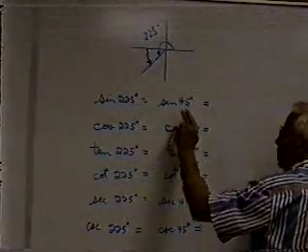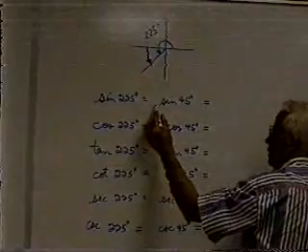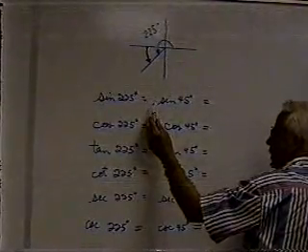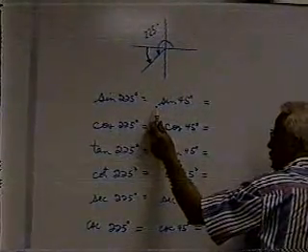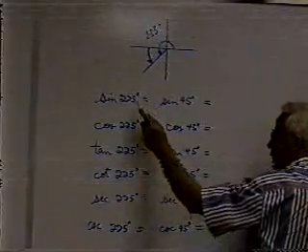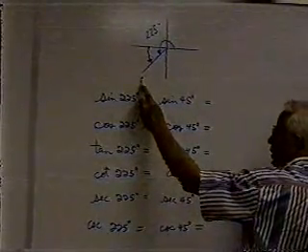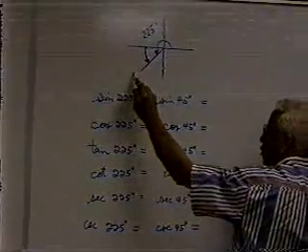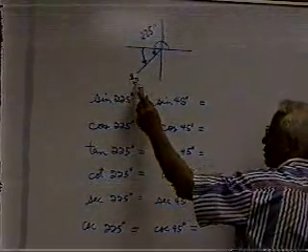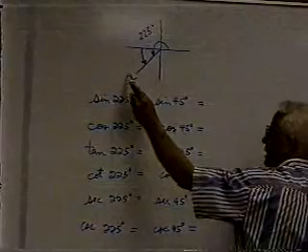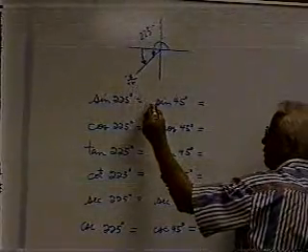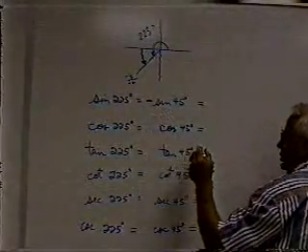But wait a minute. We must put a plus or minus in front of here. This is where we go back to tape 214, first part of chapter 1. 225 degrees is in quadrant 3. Sine is y over r. In quadrant 3, y is negative, r is always positive, and therefore that makes this a minus.